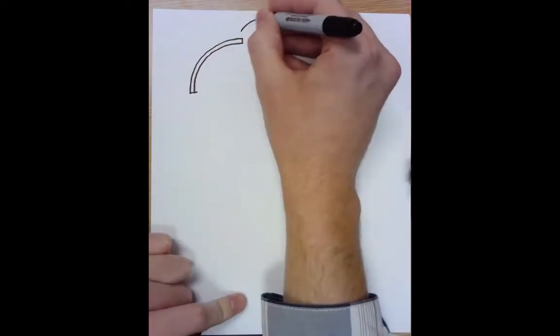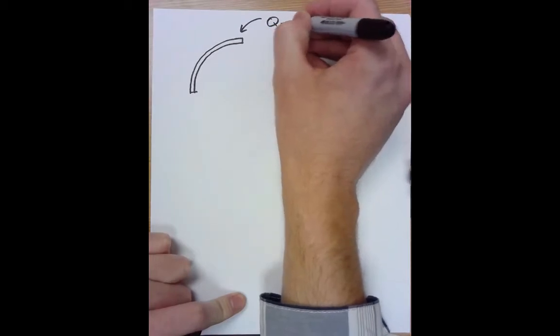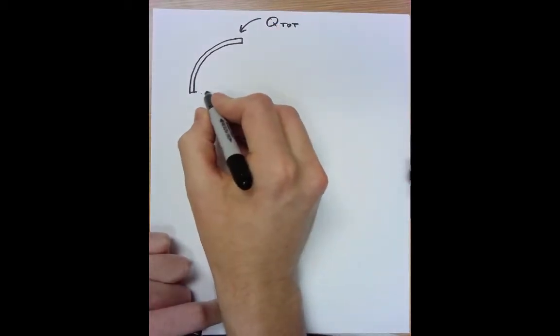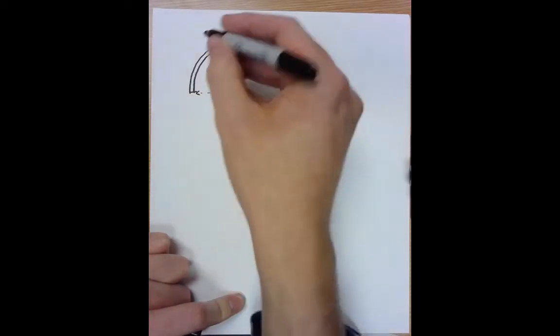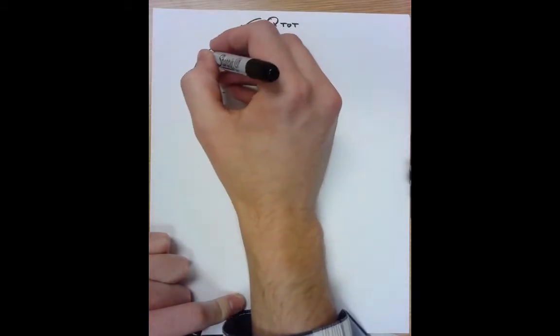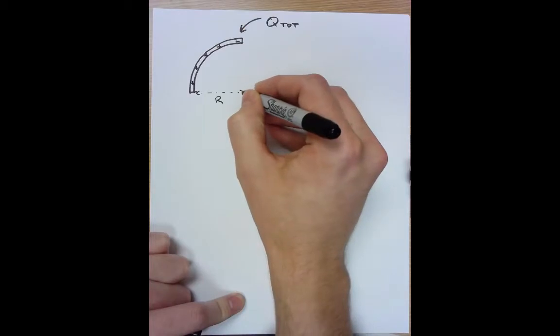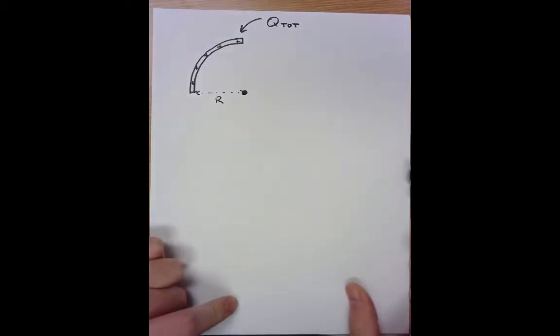Okay, with a total charge Q total on it, and let's say the radius of the circle is R. And let's say it's positively charged, and I want to calculate the electric field at the center of the circle.